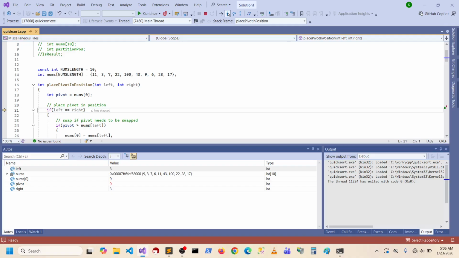Nine there. Right, yes. Pivot is 9, num's left is 6.